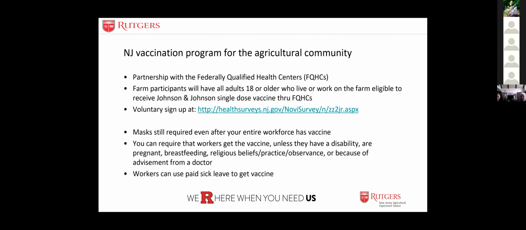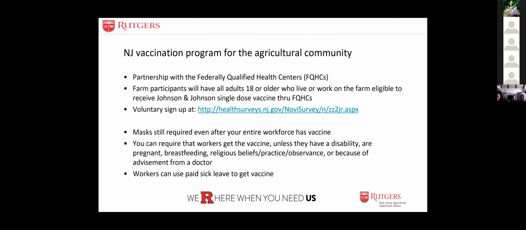The survey is just gathering information about your operation and the number of workers that would be eligible for the vaccine. Also with this information is a little Q&A, and the nitty gritty is that even if your entire workforce has been vaccinated, you still have to follow the state masking mandates. Masks are required for your workforce when they're in close proximity to each other, and there are additional details that will go out in that email.